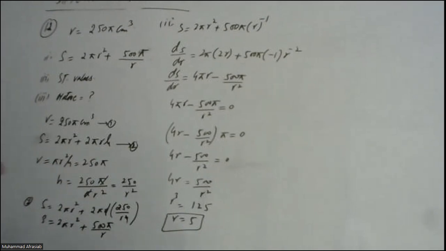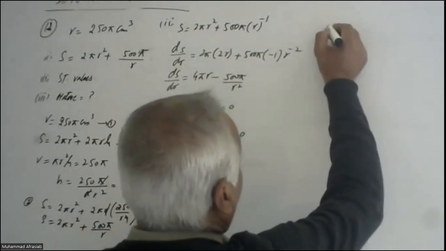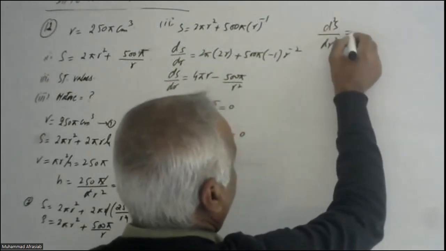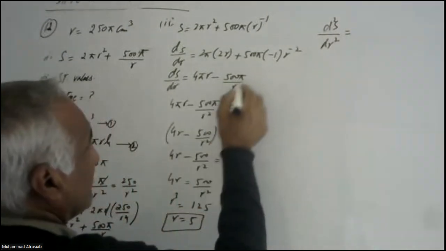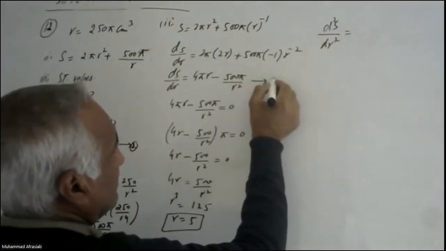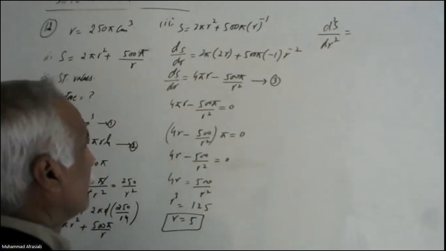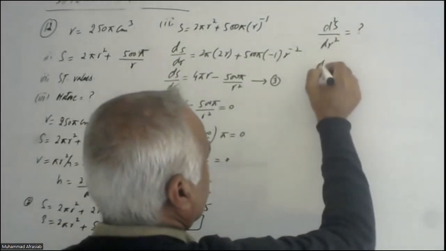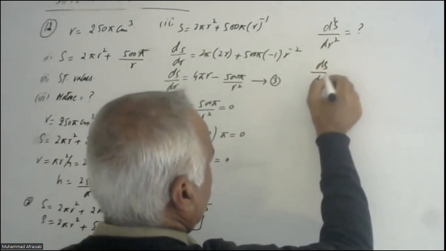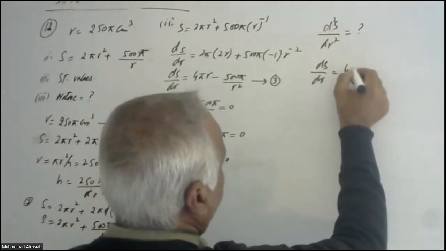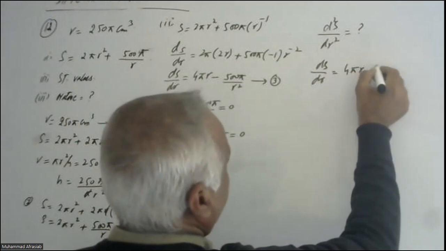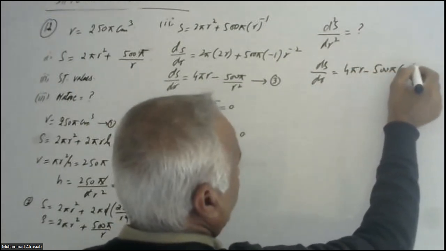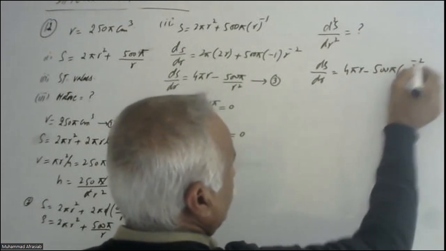So for this nature, you will find out d square S over dr square. Here we have calculated dS over dr is equal to 4 pi r minus 500 pi into r power minus 2.